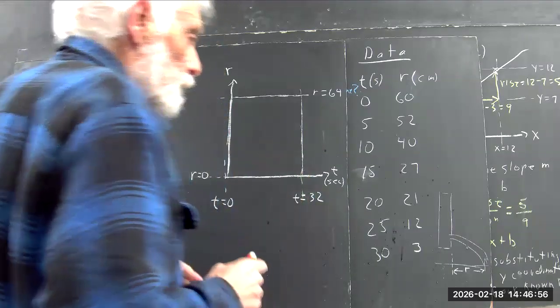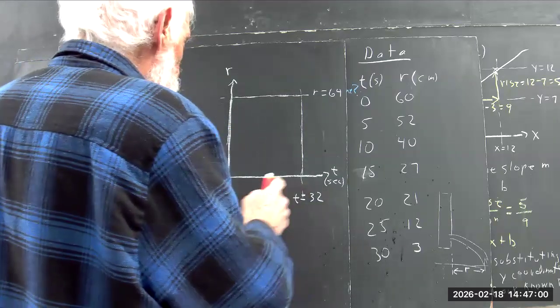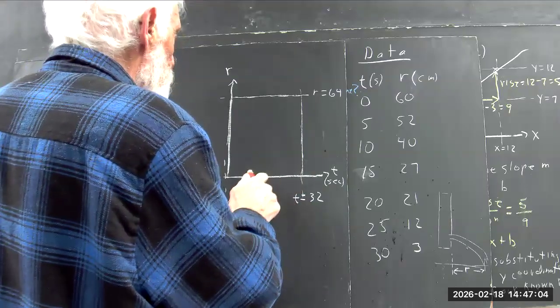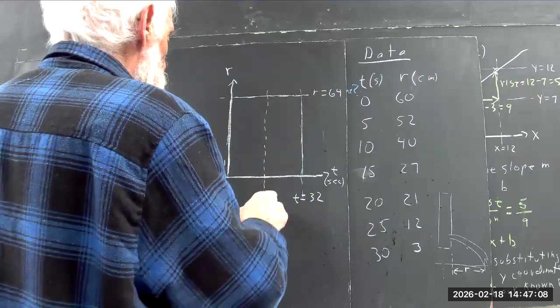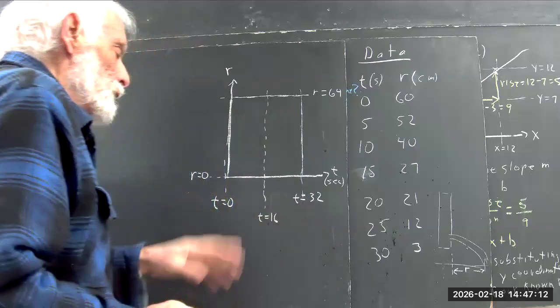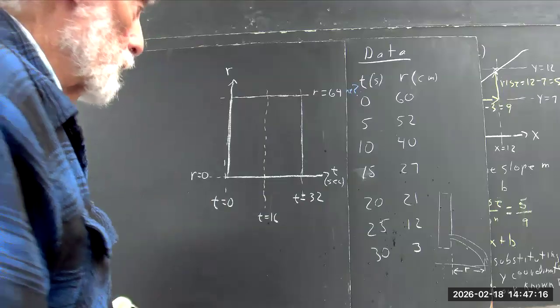I'm going to create a grid on this graph. Okay, halfway between t equals 0 and t equals 32 should be right about here. If I sketch a vertical line through this point, then that ought to correspond to t equals 16. Now, you don't have to know how to do this, but this is just the way I'm setting it up, the way we did it in class.